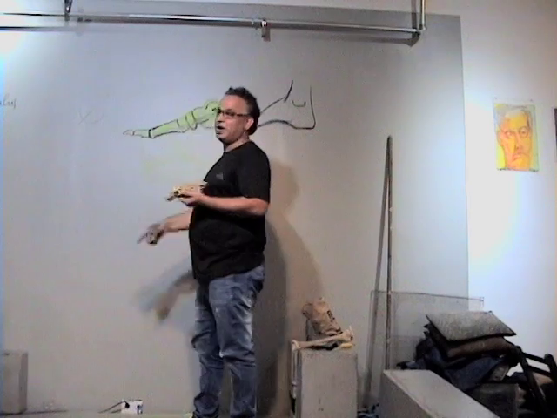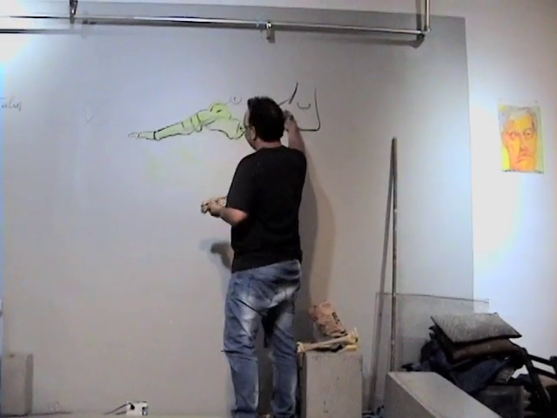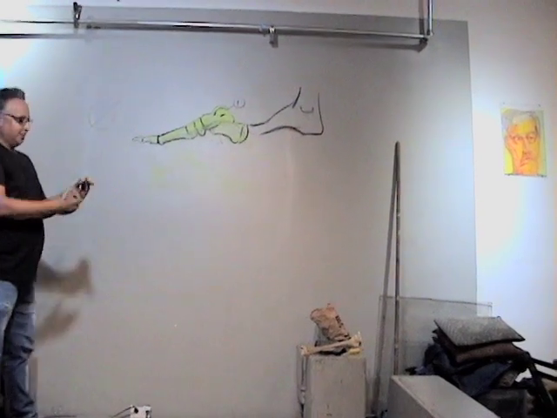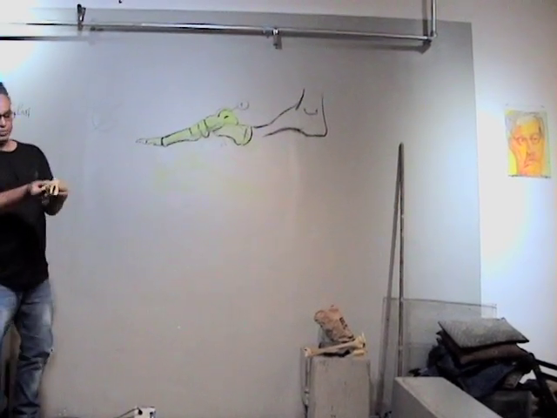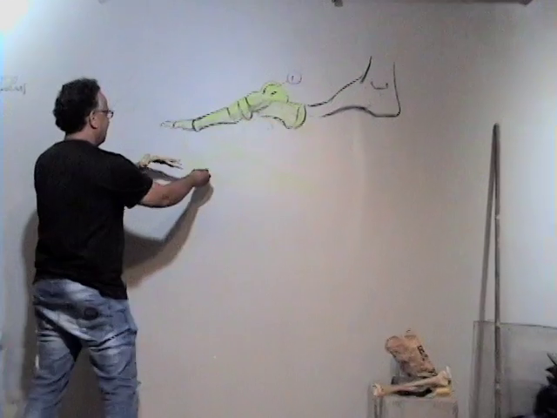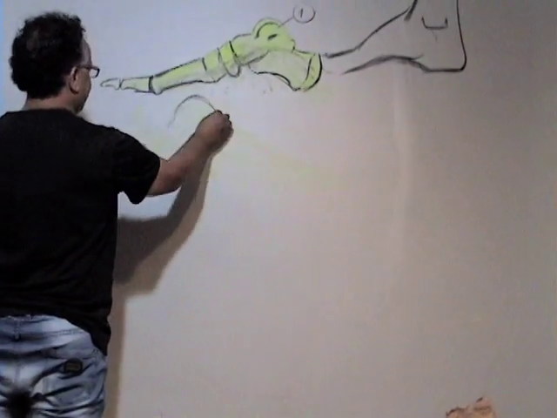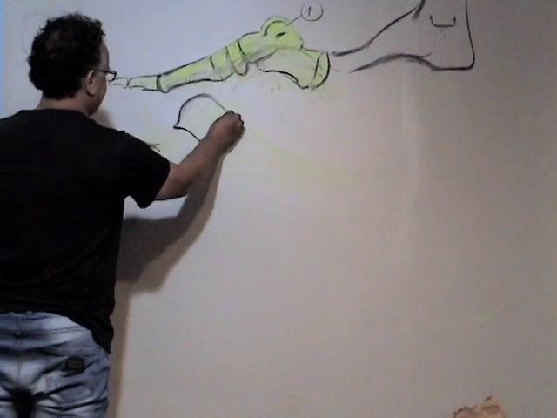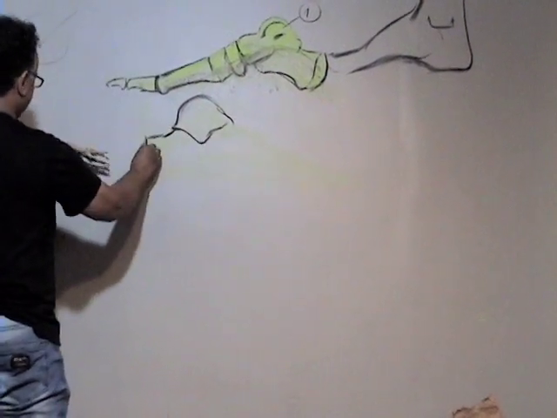So the skeleton is very important to understand how to draw the external side. We have always our snail, our talus, which is connected with the calcaneus.